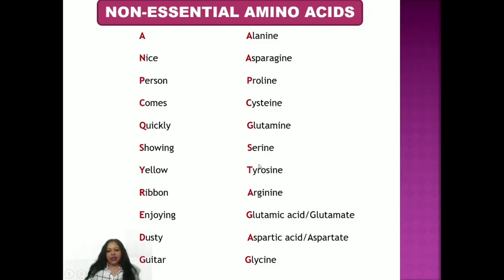You can remember by taking the second letter of tyrosine belonging to the first letter of the single letter code, R for arginine, E for glutamic acid or glutamate, D for aspartic acid or aspartate, and G the last belongs to our first amino acid, the glycine.